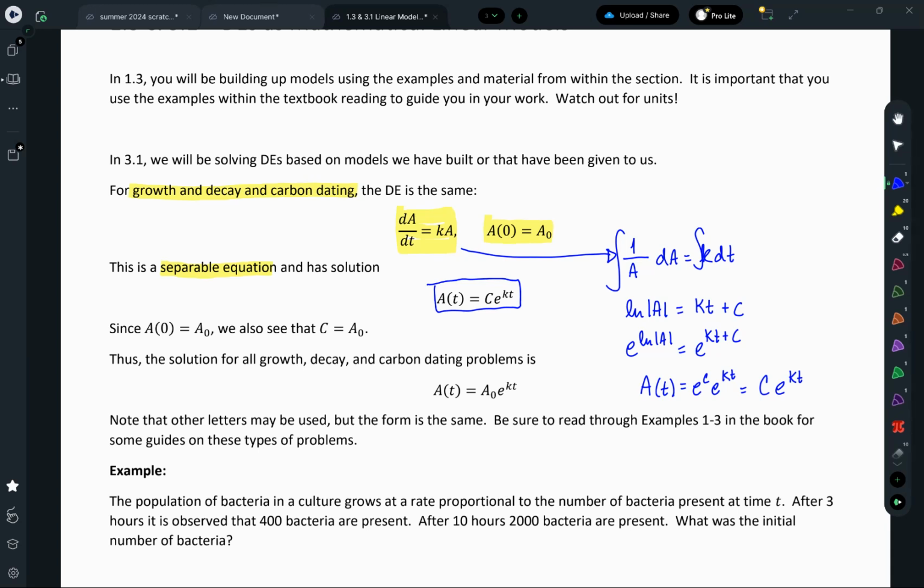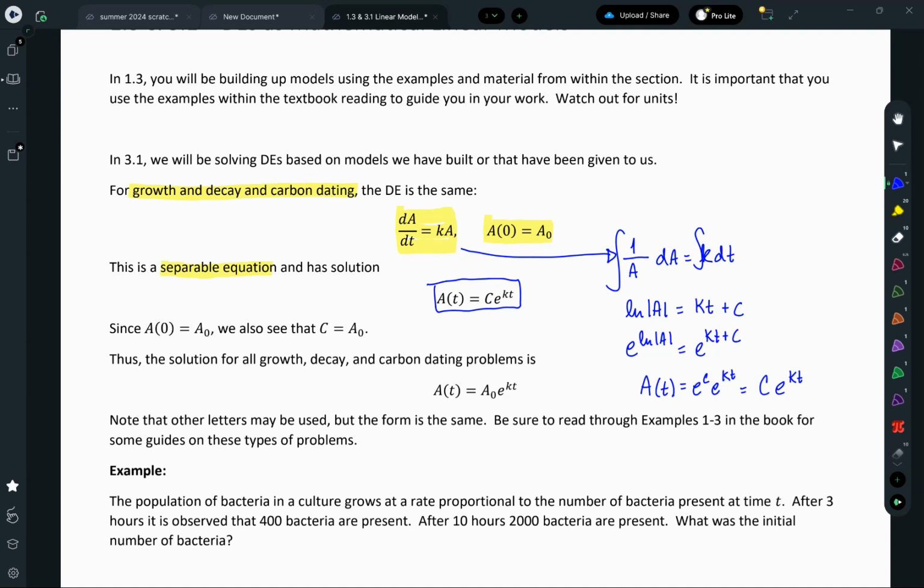But again, I don't want to see a memorized solution form. I want to see the differential equation that you're supposed to start with and then work your way towards that solution form. Okay? Now, in this solution form, if we were to apply the initial condition, A of 0 equals some A naught, we're saying that when t is 0, A is equal to A naught, which will force us to get that C, that unknown constant, is actually equal to the initial population.